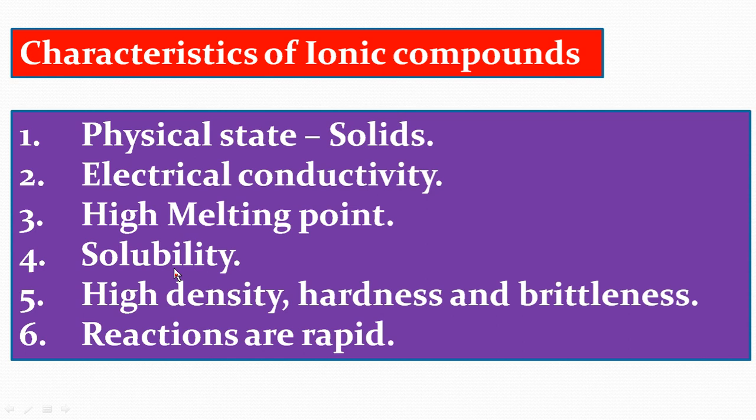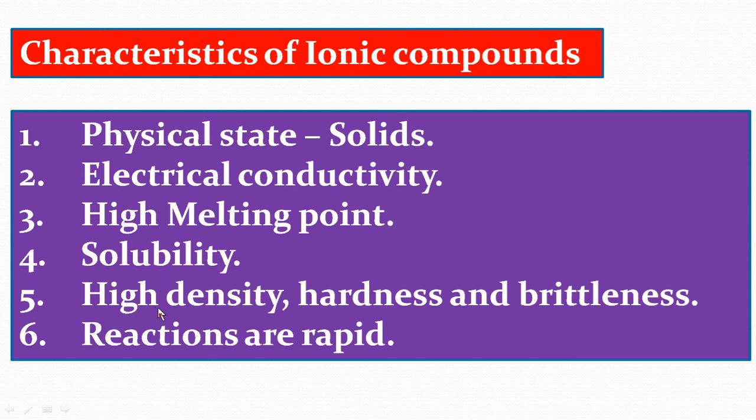Examples of ionic compounds are NaCl, MgCl2, AlCl3. These ionic compounds are soluble in polar solvents. What is a polar solvent? Water. So, these compounds are soluble in water, and insoluble in non-polar solvents like benzene, C6H6, carbon tetrachloride, CCl4, and toluene.